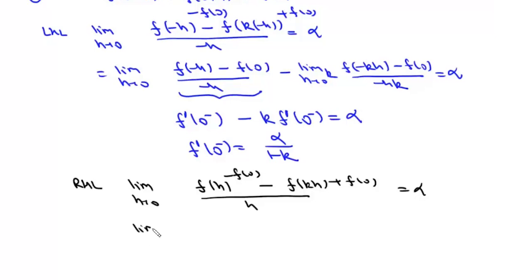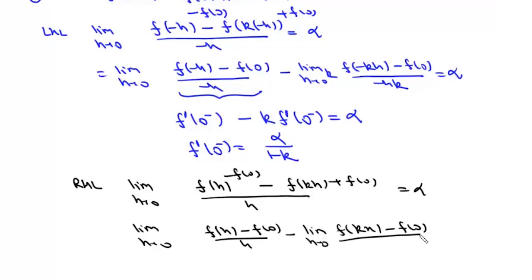So it will be the limit h tends to 0 of f h minus f 0 upon h minus the limit h tends to 0 of f kh minus f 0 upon h, that is equal to alpha.